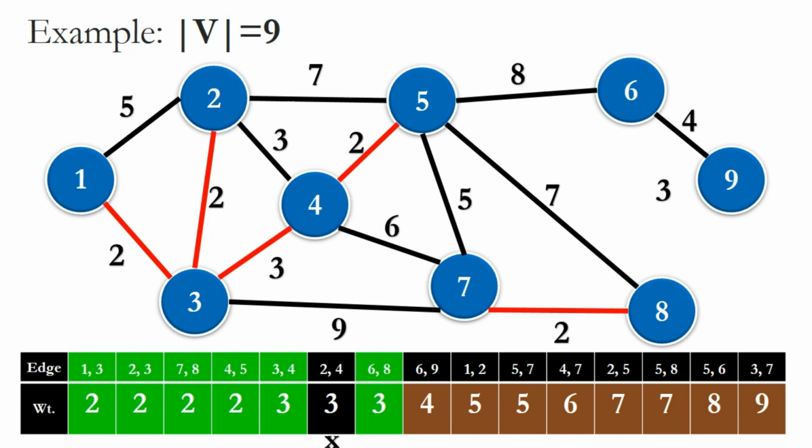Next element, again, with the value of 3 with the reference edge of vertex 6 and 8. Kung mapapansin natin, if we're going to include the vertex 6 and 8, it doesn't form any cycle. Therefore, this 2 vertex is included to our spanning tree.